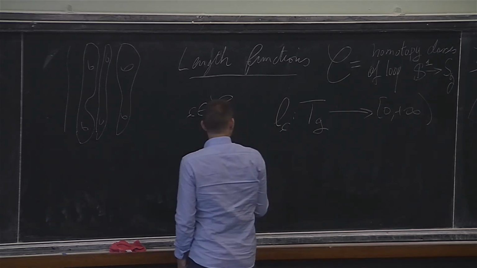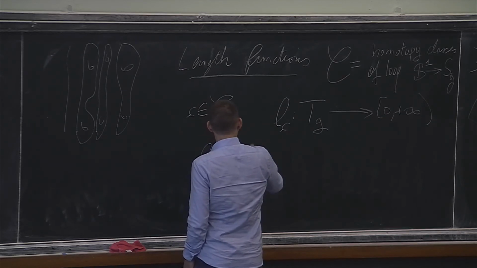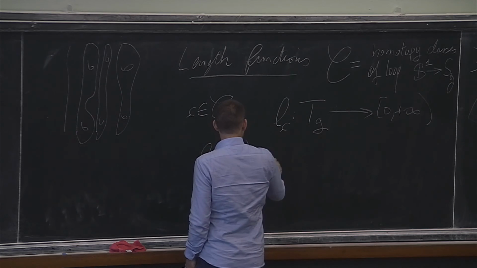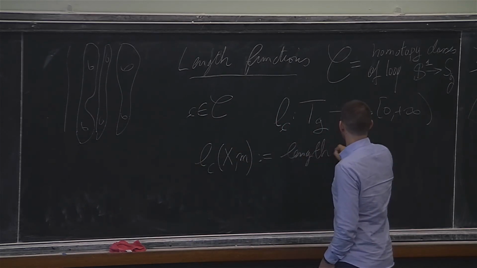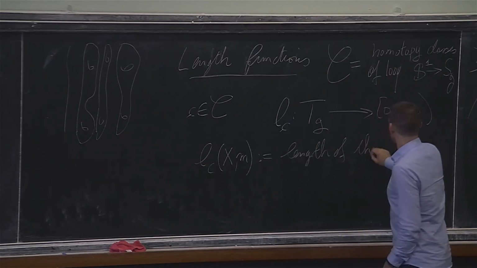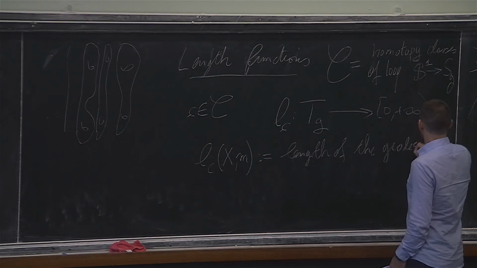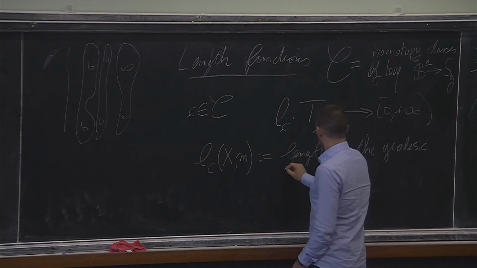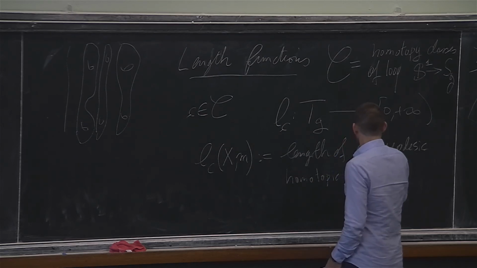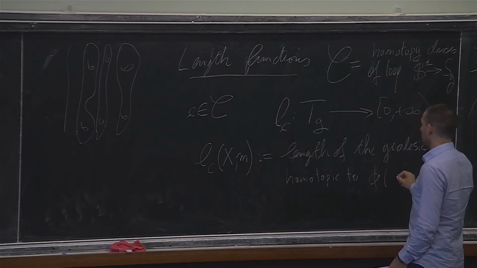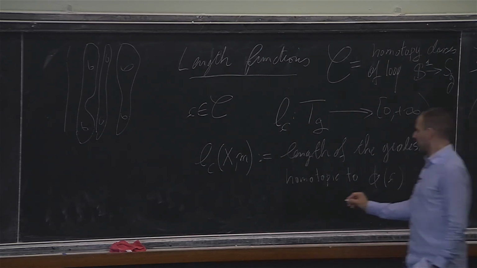L_C of [X, φ], by definition, is just the length of the geodesic homotopic to φ of C, where φ belongs to the marking.